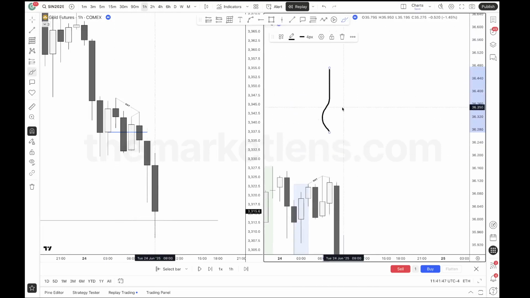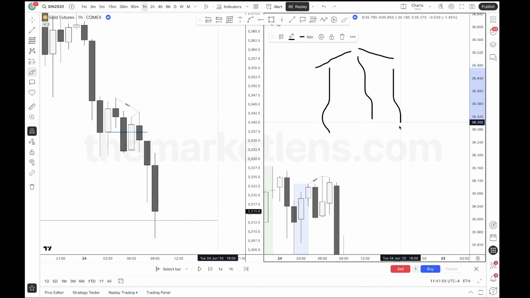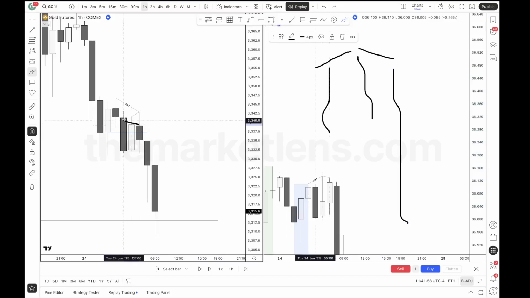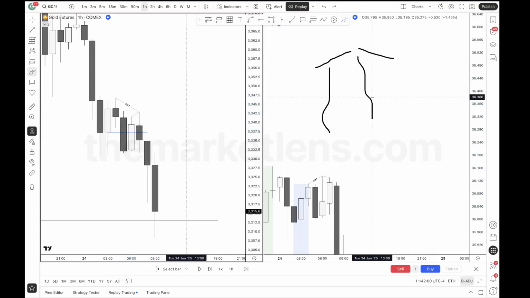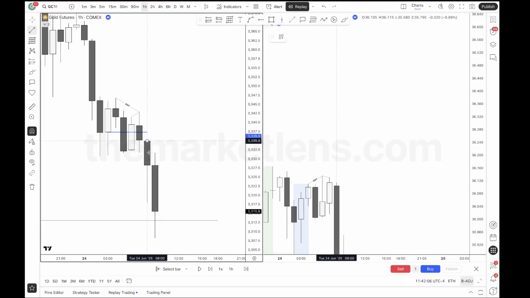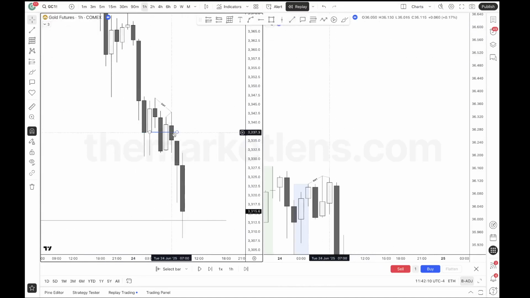So candle 1, candle 2 divergence, and then candle 2 and candle 3 divergence. That's exactly what we see right here. So what would you trade? You would trade this candle 3 right here, and candle 4, lower. So that's a very good opportunity there.